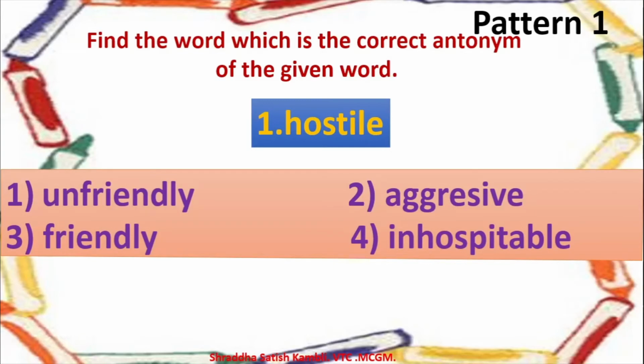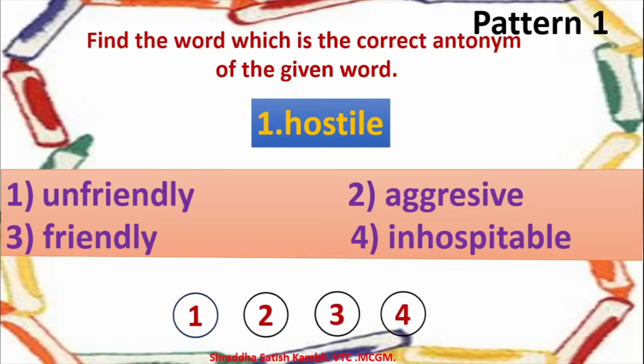Is it unfriendly? Is it aggressive? Is it friendly? Or is it inhospitable? So 1, 2, 3, 4. Which is the opposite word or antonym of hostile? Yes, it is friendly, because hostile means unfriendly. So this is one example.